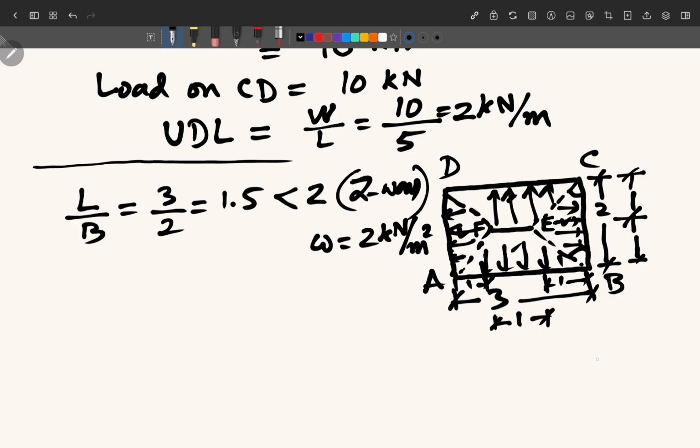Just in this, if you look at this triangle, I will show here. This is B, this is C, and this is E. If we draw a perpendicular here, that perpendicular will definitely divide into two equal parts, because this is 45 degree, this is also 45 degree.